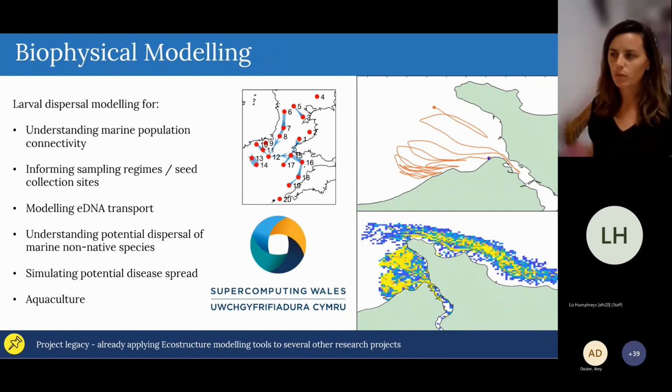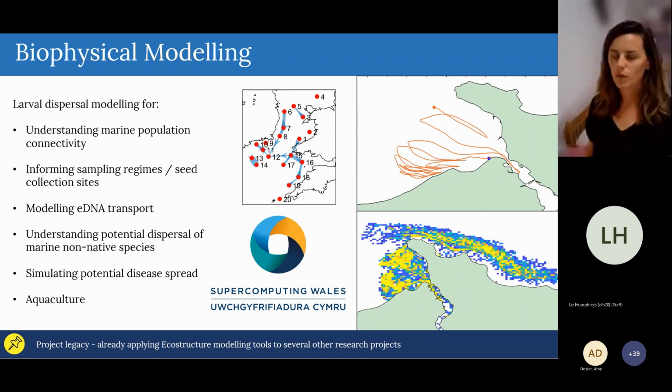But we have applied within the Ecostructure project on questions such as understanding potential dispersal for marine non-native species, particularly in the nearshore region, and trying to understand marine population connectivity. That follows on nicely from Morag's talk. We're already applying some of the tools developed during the Ecostructure project to other projects.